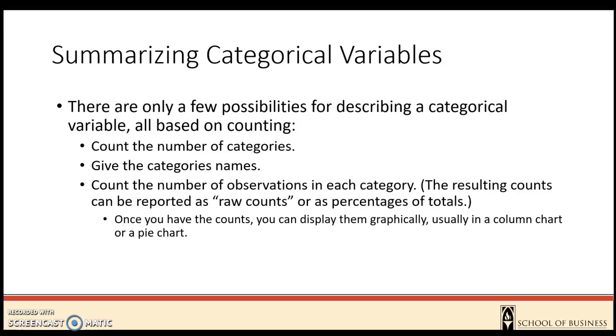The raw count would be 10, and that's sometimes not that useful. But 10 out of 30 gets a little more useful, and so that's about 30%. What's nice about that is we can count them and display them graphically, and a lot of times you'll use a column chart, or a pie chart is great for things like this.